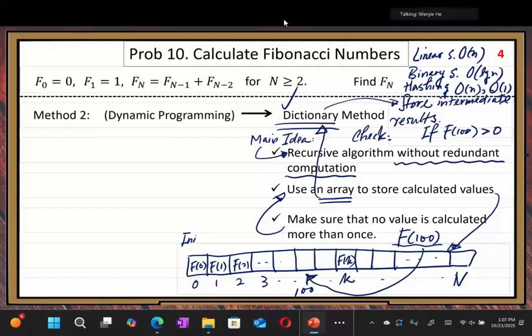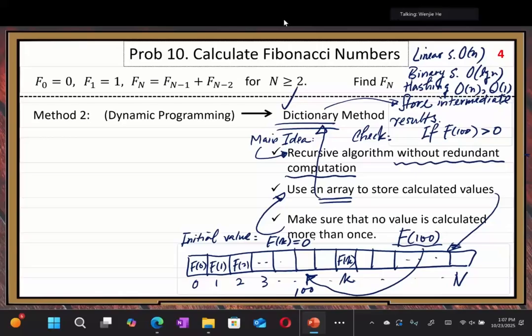The initial value: all the initial values, f of k equals 0 at the beginning. The initial value of any element in the whole array must be 0 at the beginning.